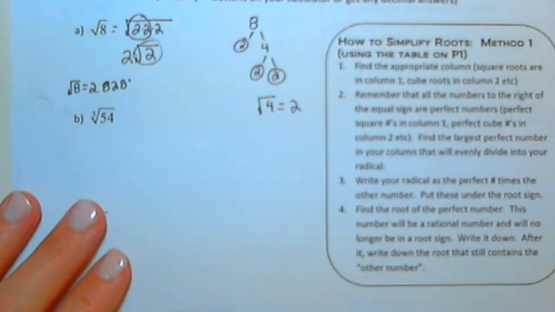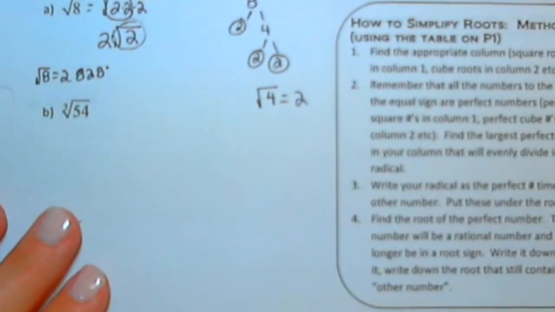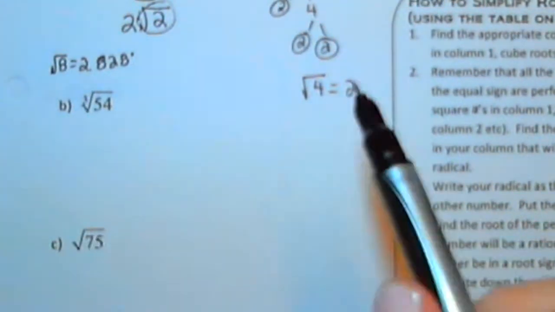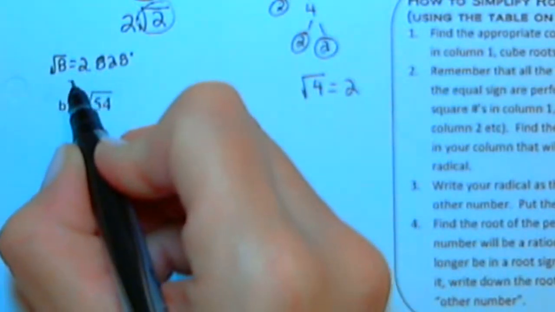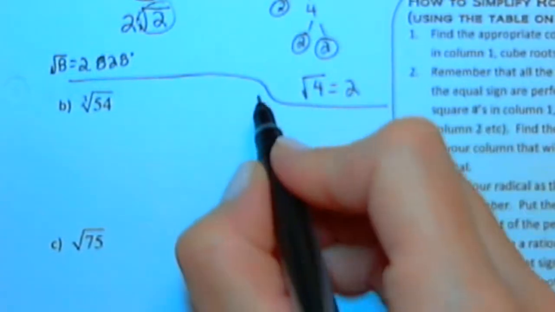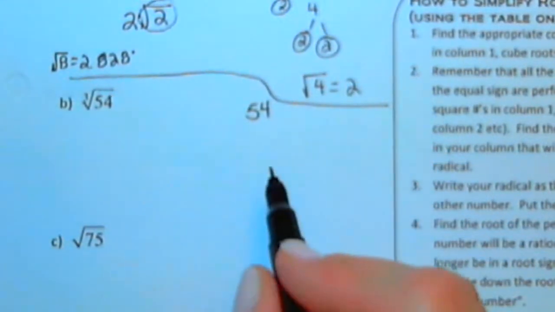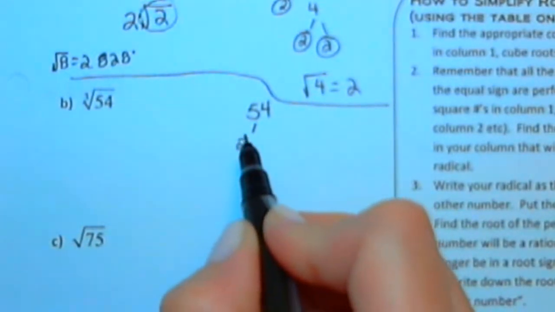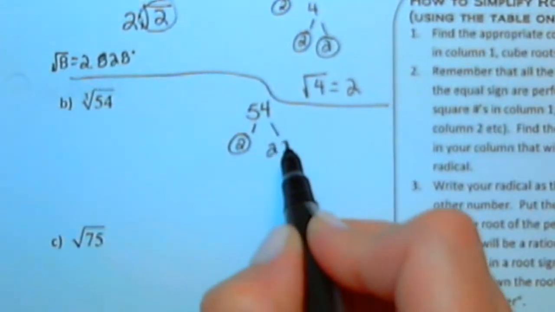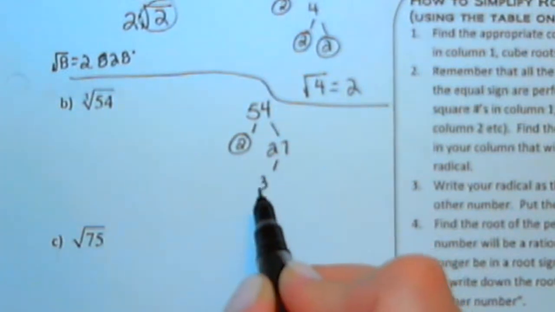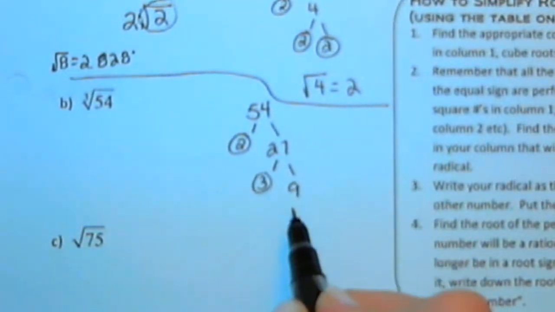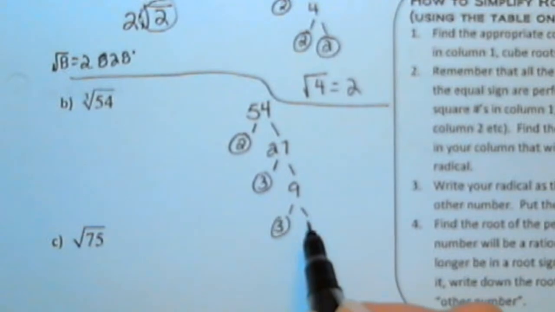So let's do the next one, the cube root of 54. Let's take 54 over here and let's break that down using our factor tree that we learned in chapter 2. This is going to be 2 times 27, which is 3 times 9, which is 3 times 3.